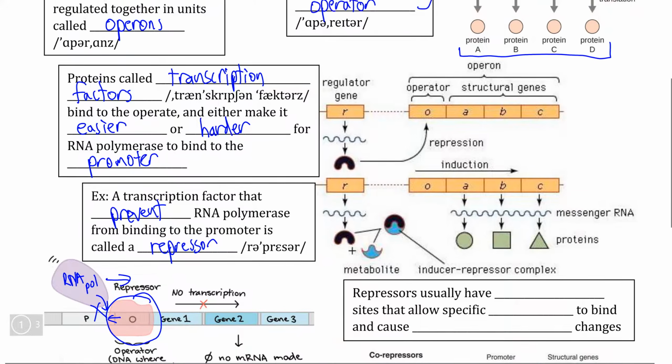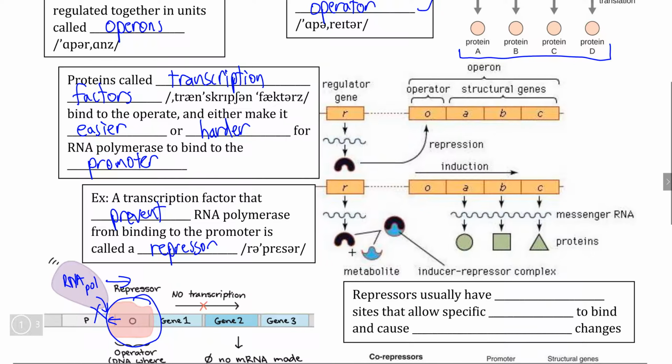Now, naturally, it's important to regulate the repressor, and most prokaryotic genomes actually have multiple ways to regulate the repressor. So the first thing that we see here is that because the repressor is actually a protein, that means that the repressor is controlled by a specific gene with its own promoter.